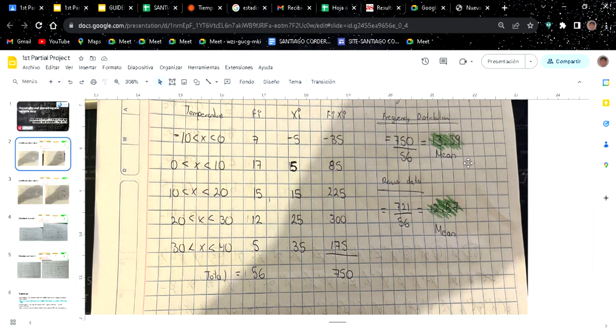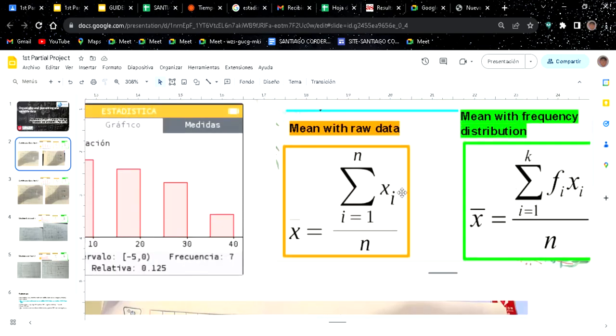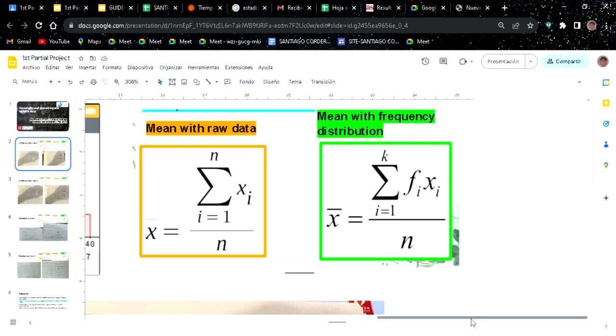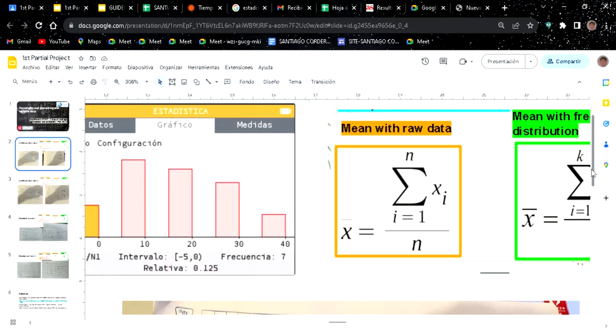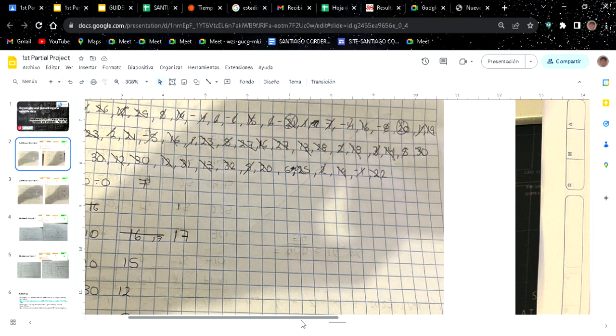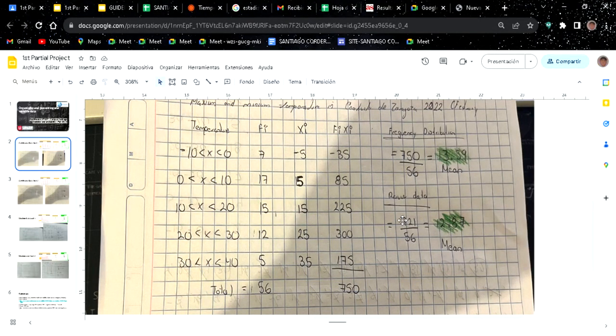We use this formula, and to calculate the mean with raw data, we have to add all this data, that the result is 721, that is here, divided by the frequency, that is 58, and the result is 12.87.